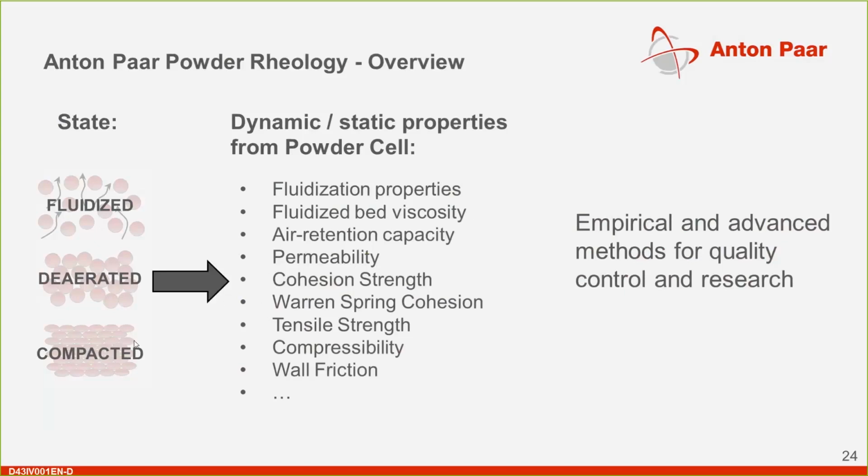For powders that are less fluidizable or more cohesive, the Warren-Spring cohesion can be looked at or measured, and this is then in a, let's say, relatively small, lightly compacted to relatively strong or high loads on the sample. It's also possible to look at the tensile strength of the sample, so how the particles stick to each other, let's say. So it is also possible to look at this in a deaerated or compacted state.